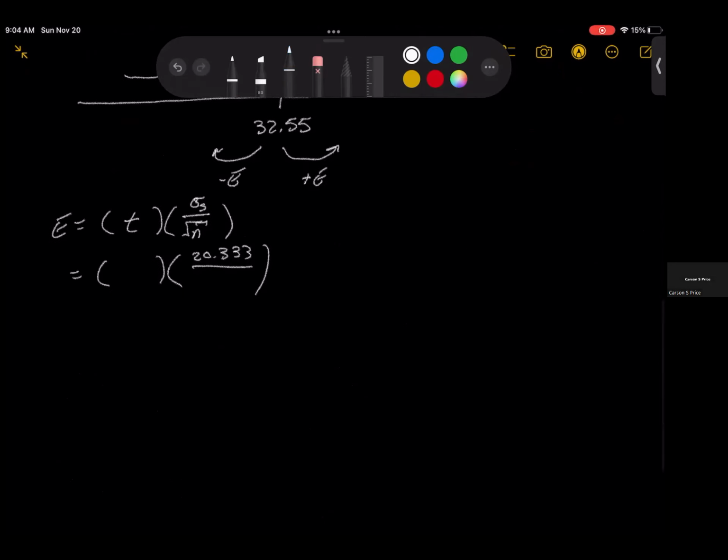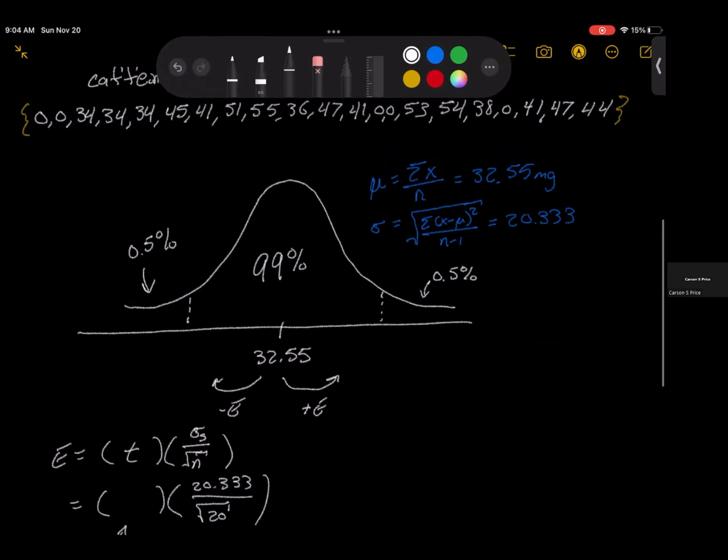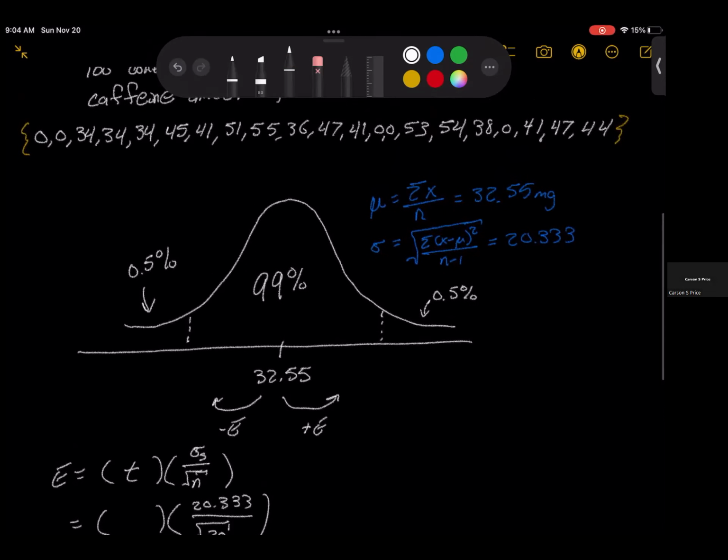My n is 20. Now for the critical value. I go back up to this picture, and I recognize that the critical values on my sheet give me critical values in terms of how much area is in these tails. I could either look at 0.5% in one of the tails, or 1% in both of the tails.